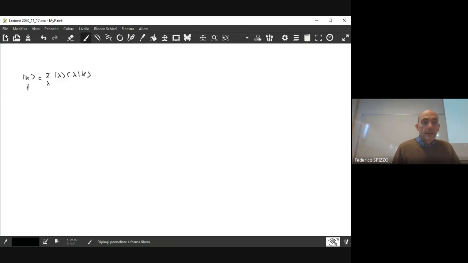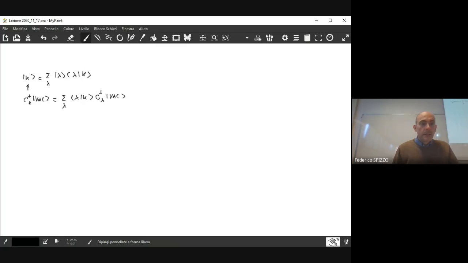Due to the fact that the representation of the ket k can be seen as a construction operator corresponding to level k applied to vacuum, this is equal to the sum over lambda of the scalar product between one of the vectors lambda and one of the vectors k, times vector lambda, which can be seen as a construction operator corresponding to level lambda applied to vacuum.